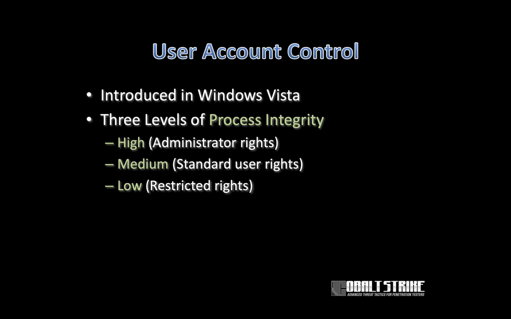One of the ideas with User Account Control is that a process context has a concept of process integrity. And you may have heard of low, medium, and high integrity process context. A medium integrity process context is one that has standard user rights. A high integrity process context is one that has administrator rights.